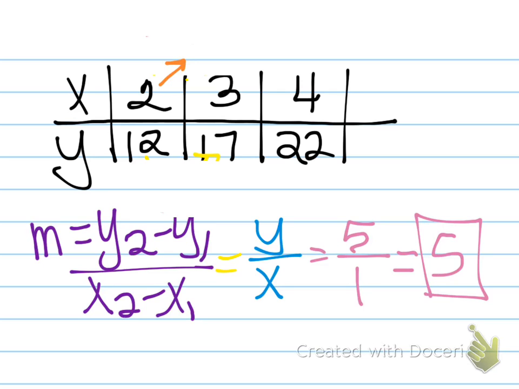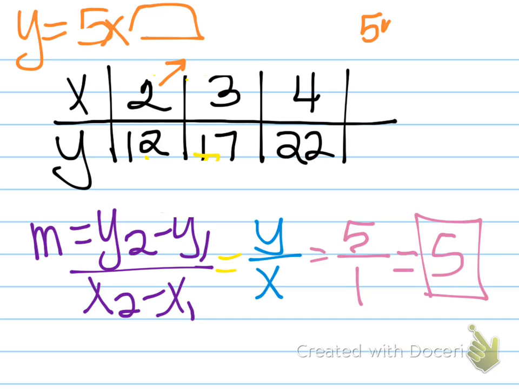I know so far I have y equals 5x and something. Either I'm subtracting or I'm adding. So I'm going to say, well, 5 times 2 is 10, right? So how am I going to go from 10 to 12?